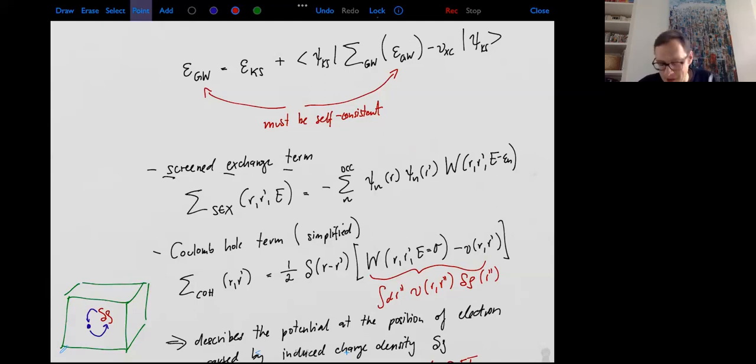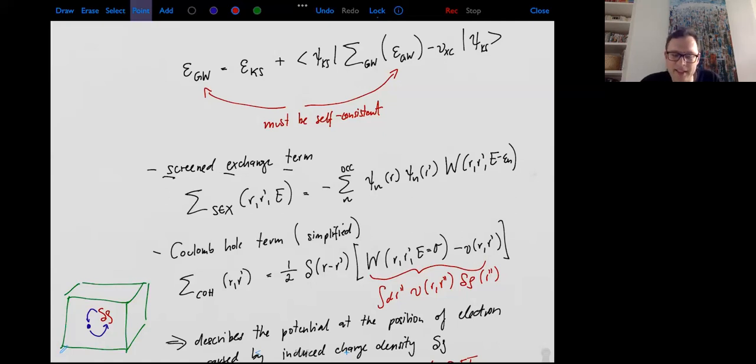But we will talk about the steps in the next lecture, and there's quite a number of steps that you have to go through in a GW calculation compared to a DFT calculation. So these calculations are usually not as automated as a DFT calculation.